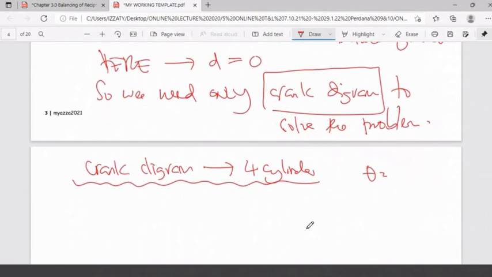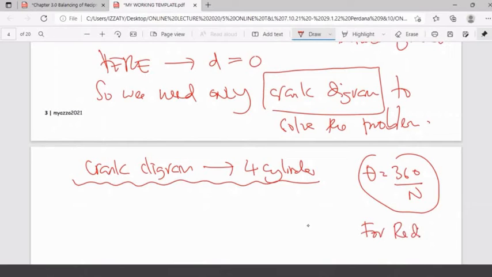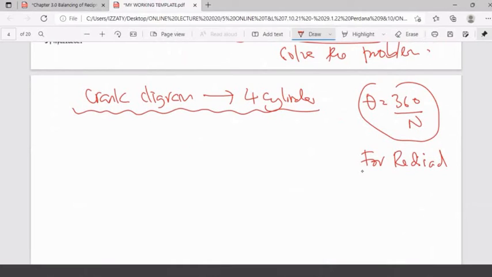So theta is always 360 divided by 4 for radial only. It doesn't matter whether it is a 4-stroke or 2-stroke engine.